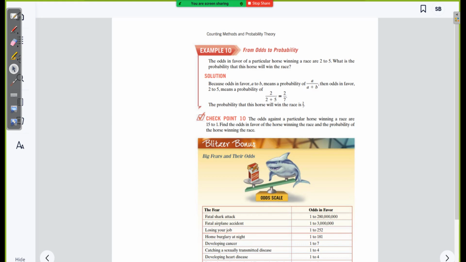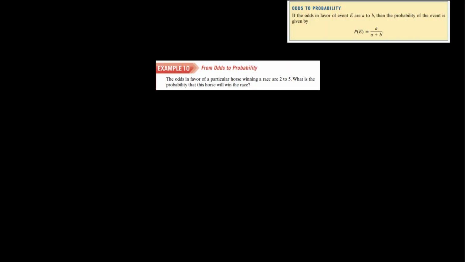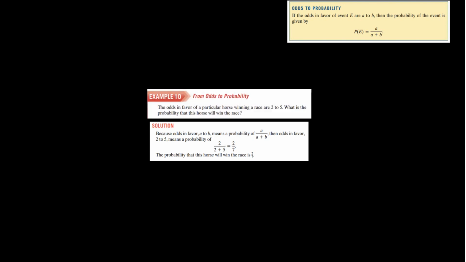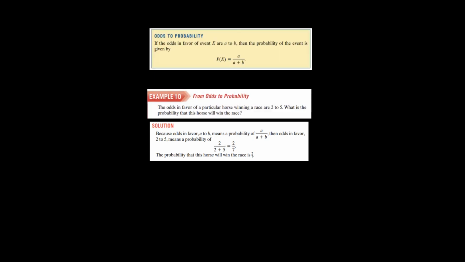Honestly, I don't feel like I need to do too many calculations here. So we'll just put the solution here as well. We'll just put this all on top of each other. Okay, so let's start with the top area, talking about the odds to probability.